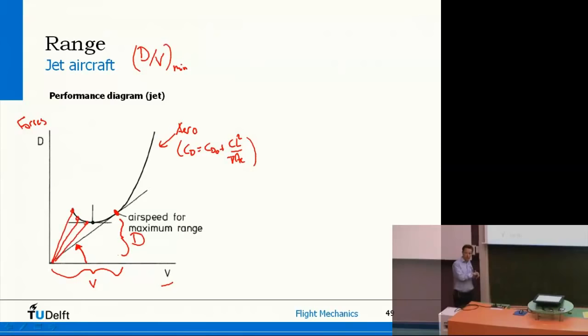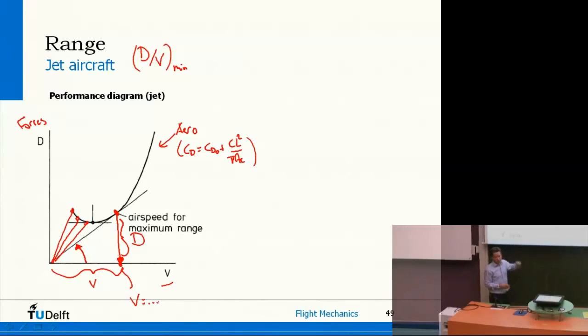So if you draw a line from the origin that just hits the curve, then that's the optimum point to fly. So again, if you have a performance diagram, then you'd simply go to the x-axis and read the airspeed. That will give me maximum range for a jet aircraft. Okay?